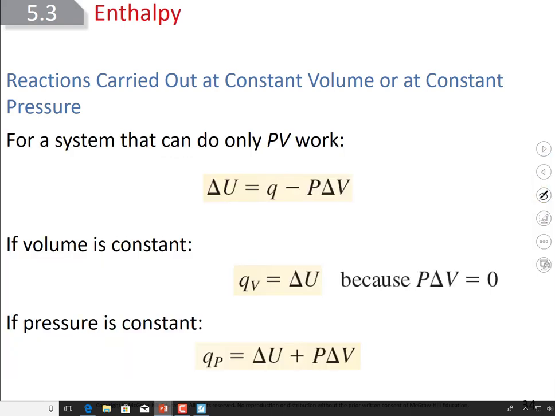Now, let's move on to continuing to talk about that delta U. We're going to take that first equation, delta U is equal to Q plus W, and we're going to plug in our new term for W, that negative P delta V. Now, when you have a state function where the calculation depends on something being held constant, like this P delta V, in order for there to be a change in volume, what do we have to hold constant?